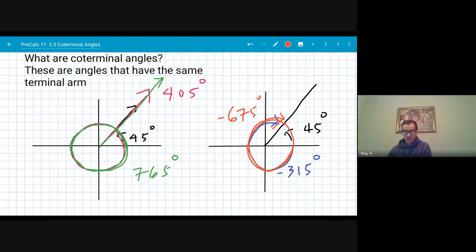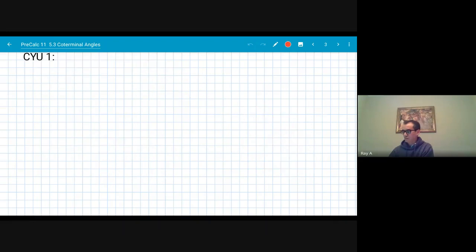Let's talk about check your understanding number one. Determine the measures of all the angles in standard position from 0 to negative 1200 degrees that are coterminal with an angle of 280 degrees in standard position, and then sketch the angles.